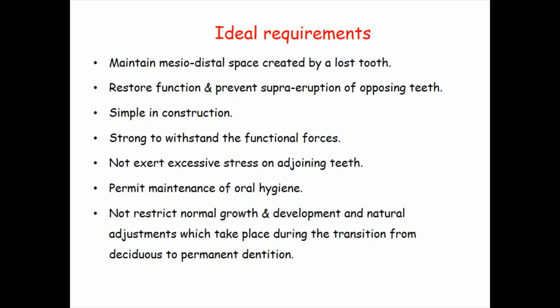It should be strong to withstand the functional forces. It should not exert excessive stress on the adjoining teeth. It should permit maintenance of oral hygiene. It should not restrict any normal growth and development and natural adjustments during the transition from primary to permanent dentition.